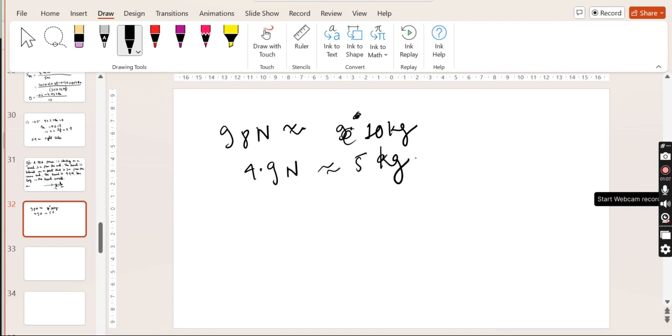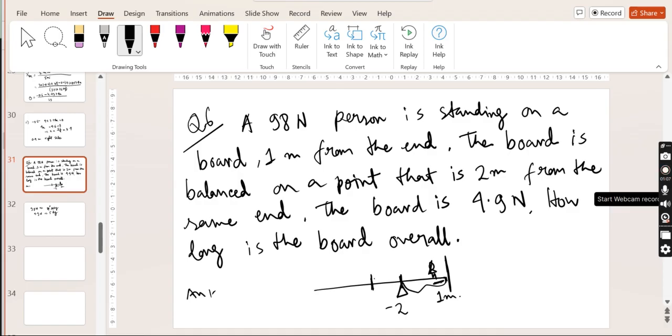It is 9.8 kg, but for simplicity we are taking the round figure. The system is board plus person.